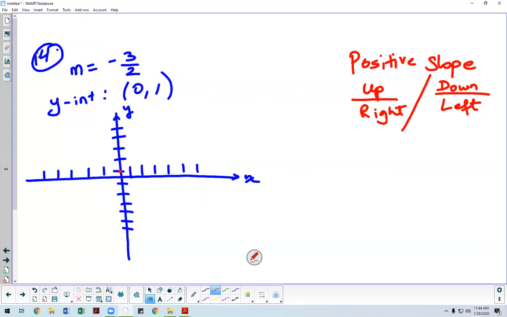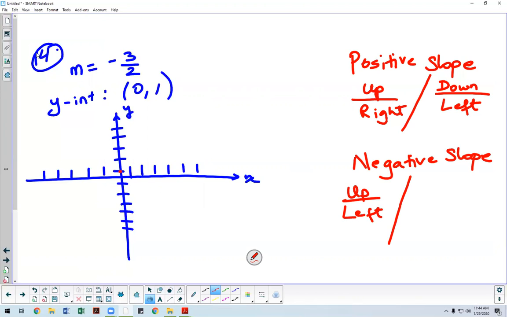Now, if you're talking about a negative slope, which is what we have here, let's say we still want to go up, but because of that negative, instead of going right, you would now go left. So one of these directions has to change. Or instead of going up, if you want to go down, you can do that, but then you are still going right. So like I said, only one of those directions has to change.